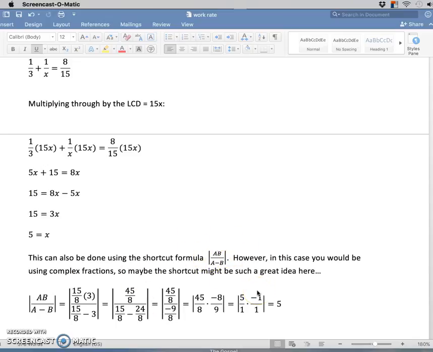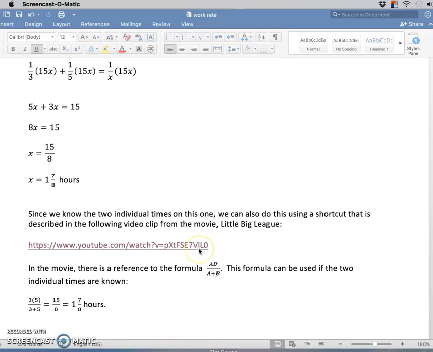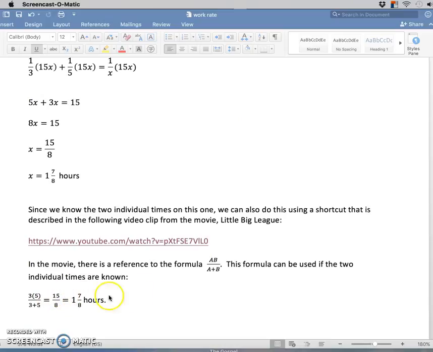Now, I'm going to finish off this work rate video shortcut business by saying this. Will the shortcut always work? No, not always. In part 1, I showed where the 2 individual times were given, and you could use the shortcut to find the time working together, which you see right here.